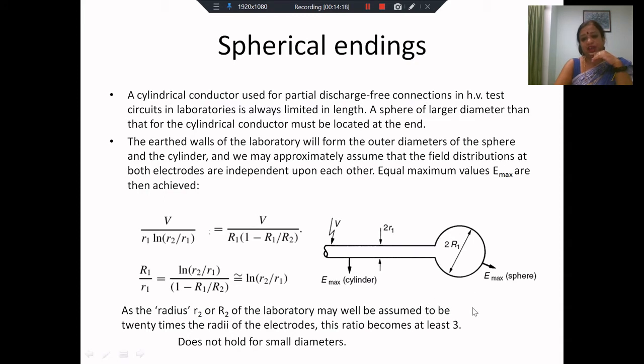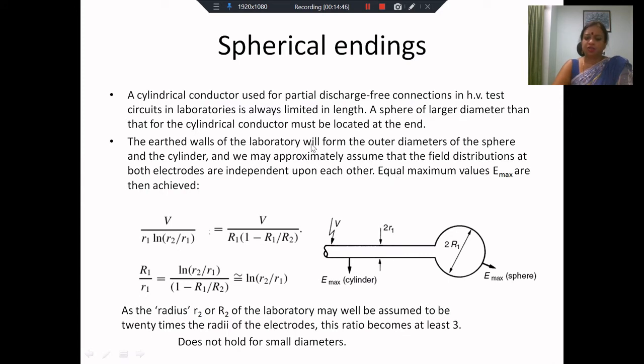Similarly, for the spherical end conductor, you can imagine the room to be spherical in shape. The outer walls form the outer sphere. Your spherical conductor forms the inner sphere. So we will use the discussion we have had regarding maximum electric fields for spherical and coaxial cylinders, and we will try to estimate the fields at the surfaces.